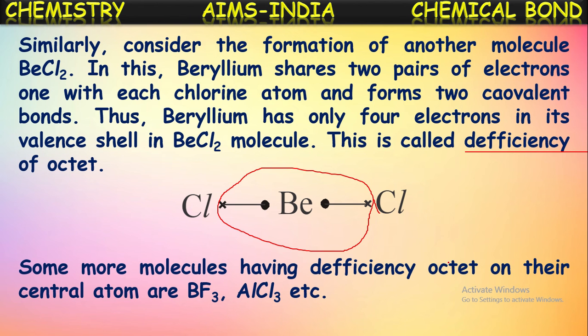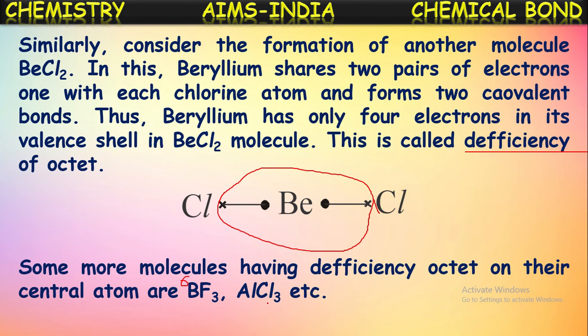By that, it will get 6 electrons in the valence shell in the BF3 molecule after bond formation. Only 6 it is getting after the bond formation. It is less than an octet. That's why it is called an octet deficient molecule.